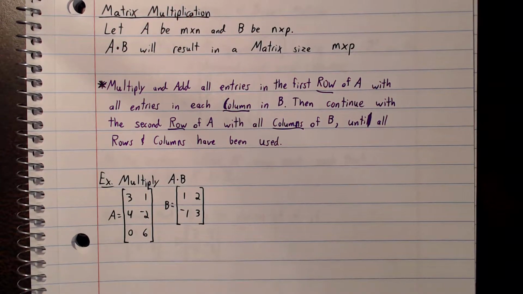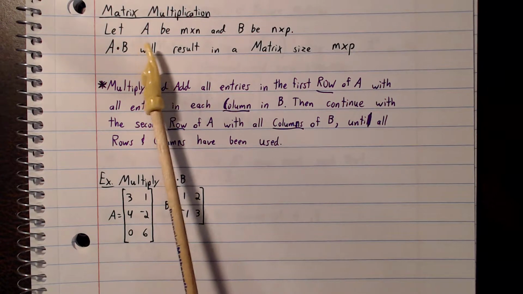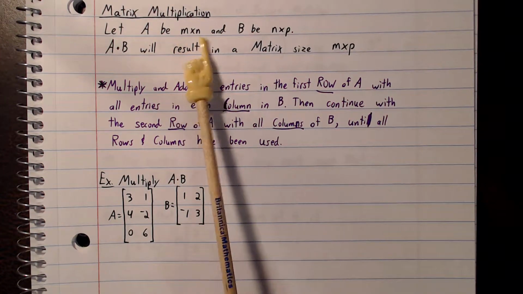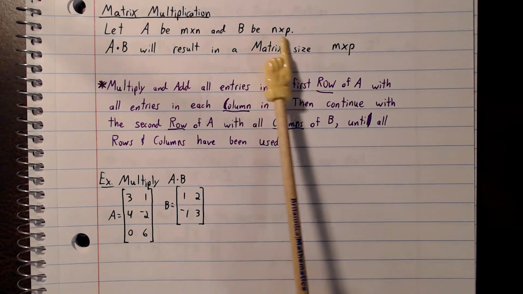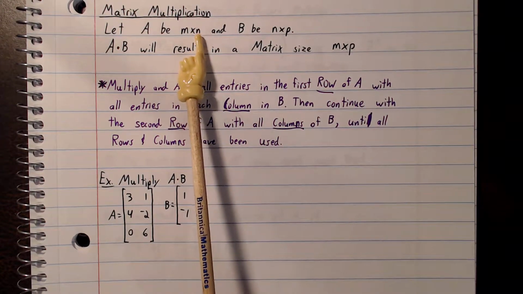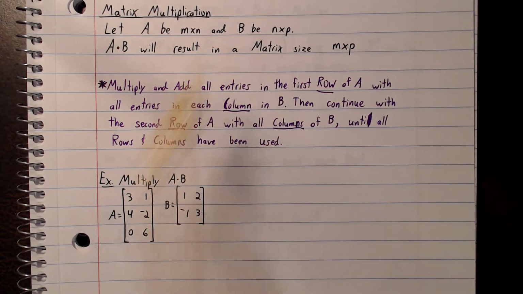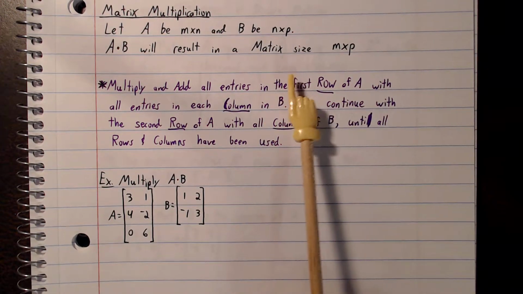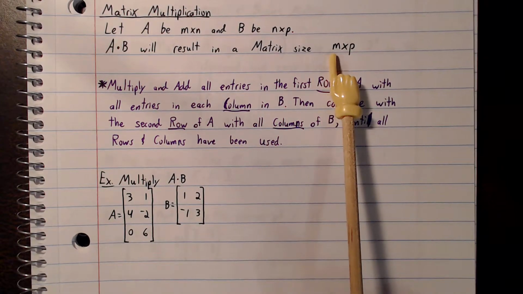Because we don't have to have them be the same size. In fact, if we have A as m by n and B as n by p, so these are completely different dimensions, except that we notice that our n values are the same on both of them. Okay, and we're going to end up with a matrix that's going to be m by p.